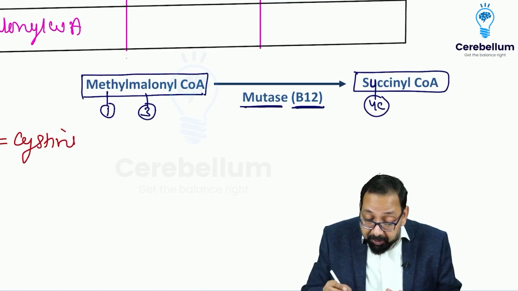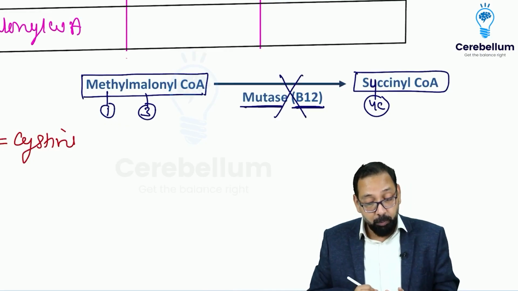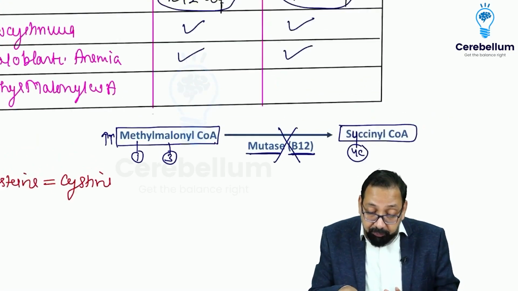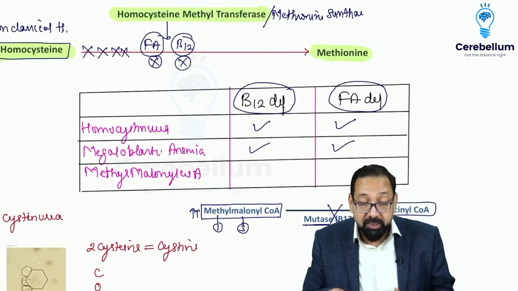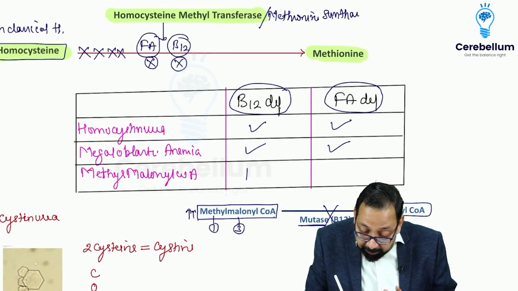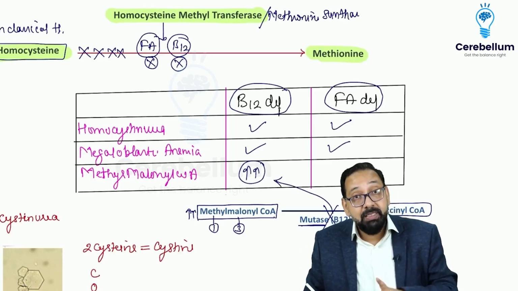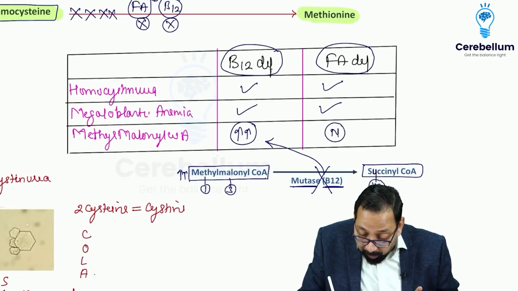So if a patient has B12 deficiency, this step will not occur and methylmalonyl will increase. So if a clinical scenario is given with homocystinuria, megaloblastic anemia, and increased methylmalonyl coenzyme A, this is due to B12 deficiency. In folic acid deficiency, methylmalonyl coenzyme A would be normal.